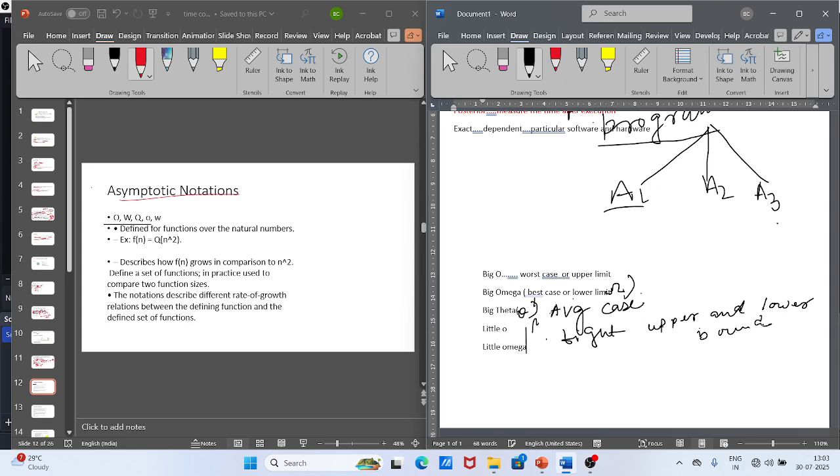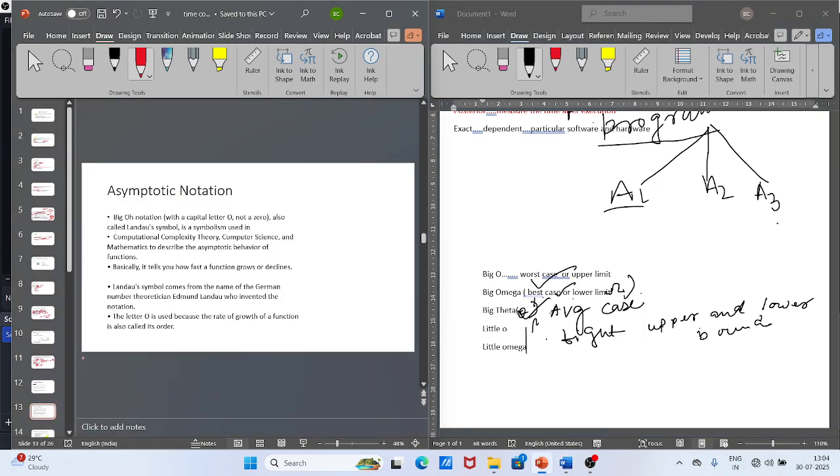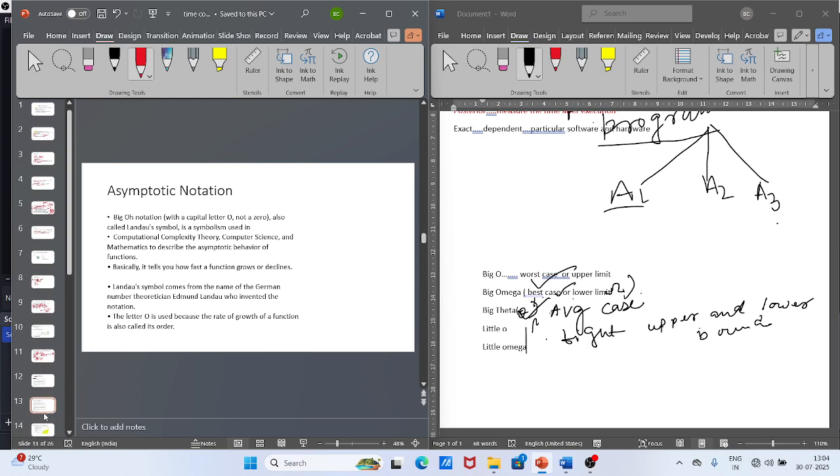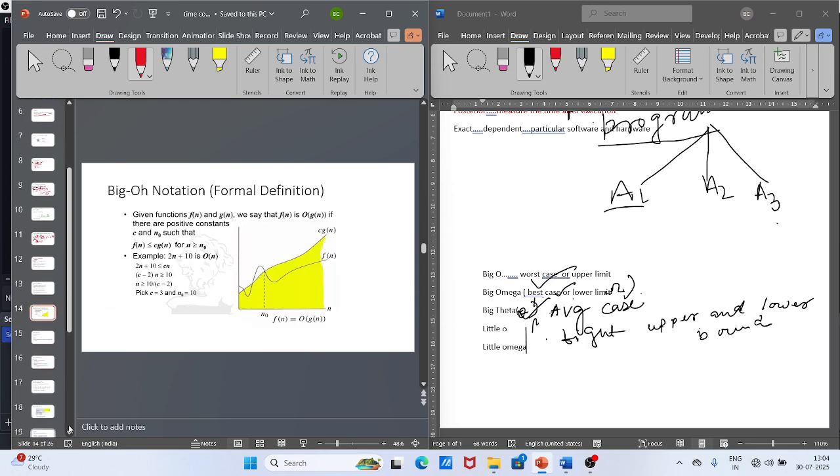Okay, basically we use those 3 types: big O, big omega, and big theta. Okay, now come to the asymptotic notations. Now come to the big O notation.